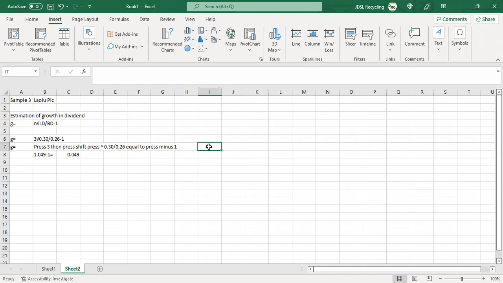All right, or click on enter. That is enter, equal to 1.049. Okay, yeah, I got it now.